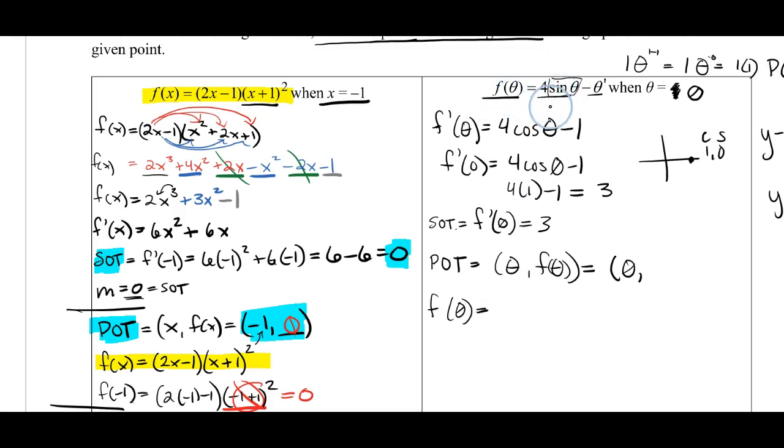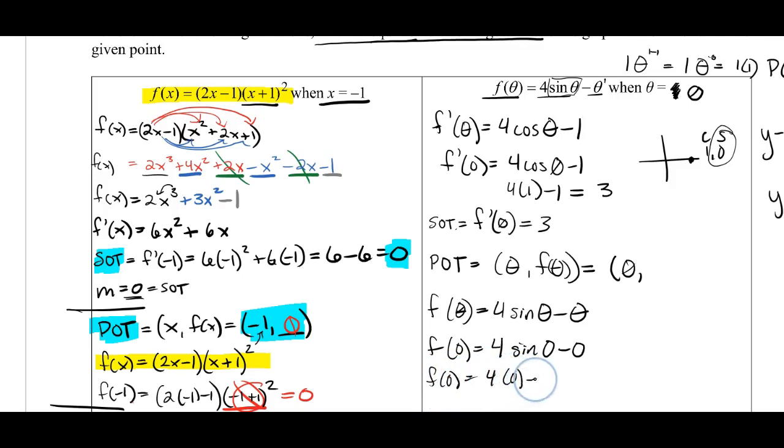This is my f of theta. 4 sine theta minus theta for theta equals 0. 4 sine 0 minus 0. And the sine of 0 is 0. So f of 0 equals 4 times 0 minus 0, which is just 0. So my point of tangency is 0, 0. That means its point of tangency is at the origin.